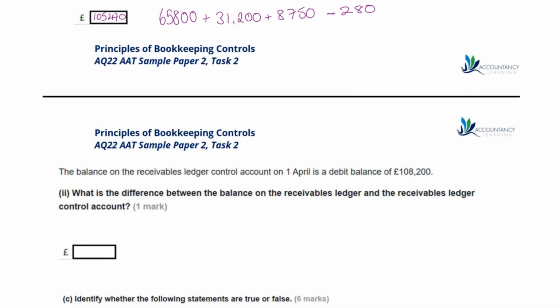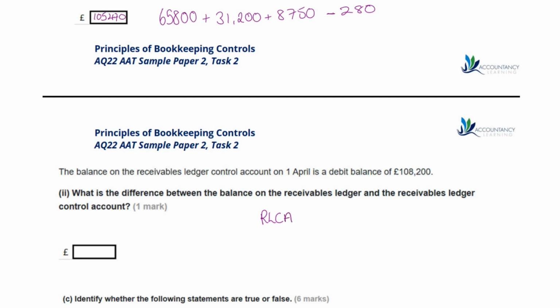Then we're told that the balance on the receivables ledger control account on the 1st of April is a debit balance of 108,200. Then it asks us what is the difference between the balance on the receivables ledger and the receivables ledger control account.